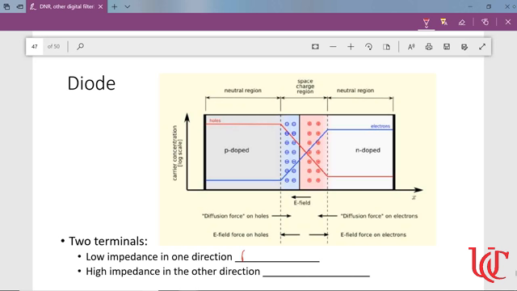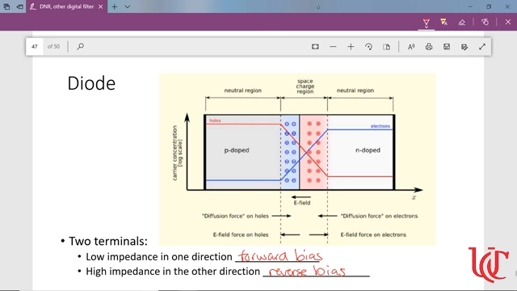This is what's called my forward bias, to get current to go in the forward direction. And I have a high impedance in my other direction. Again, for most of it, it's not going to allow current to flow unless I have a really big voltage difference. That's what's called my reverse bias. And again, it's all because of that depletion zone and what charges build up there.